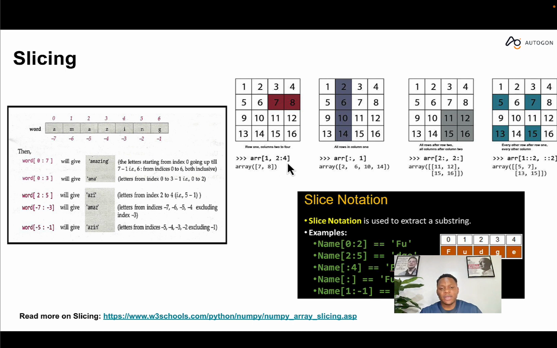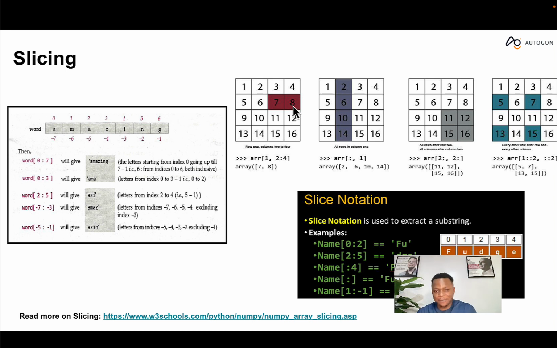Now 2 is what? 0, 1, 2. Colon 4, meaning we're doing 2, 3, and 4, but there's no 4. So you dismiss that upper bound and you're talking about 2 and 3. For row 1, that's why we have 7 and 8.